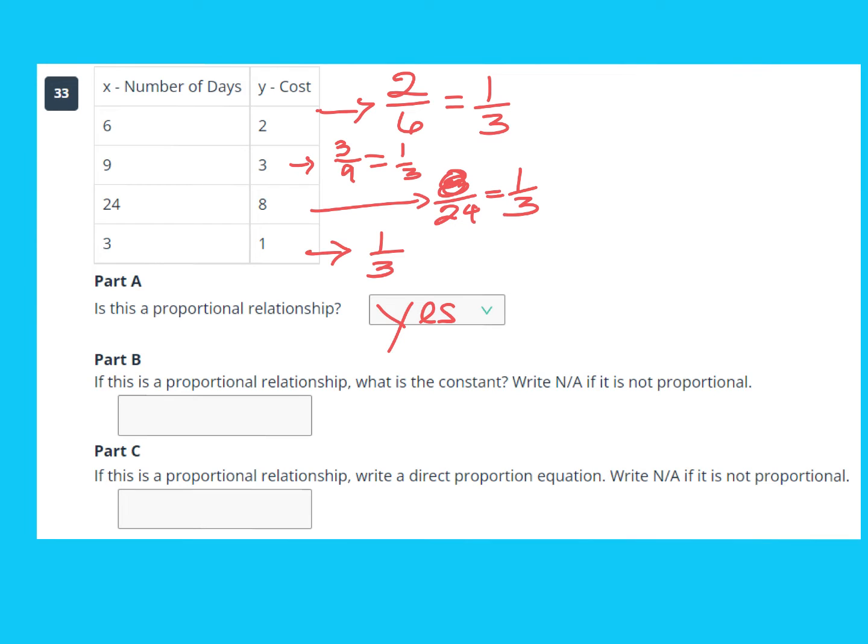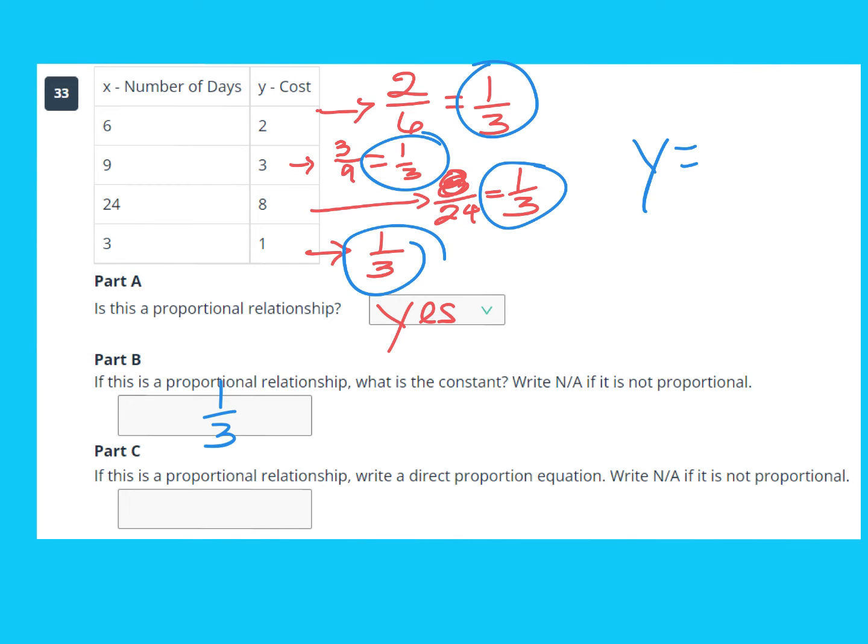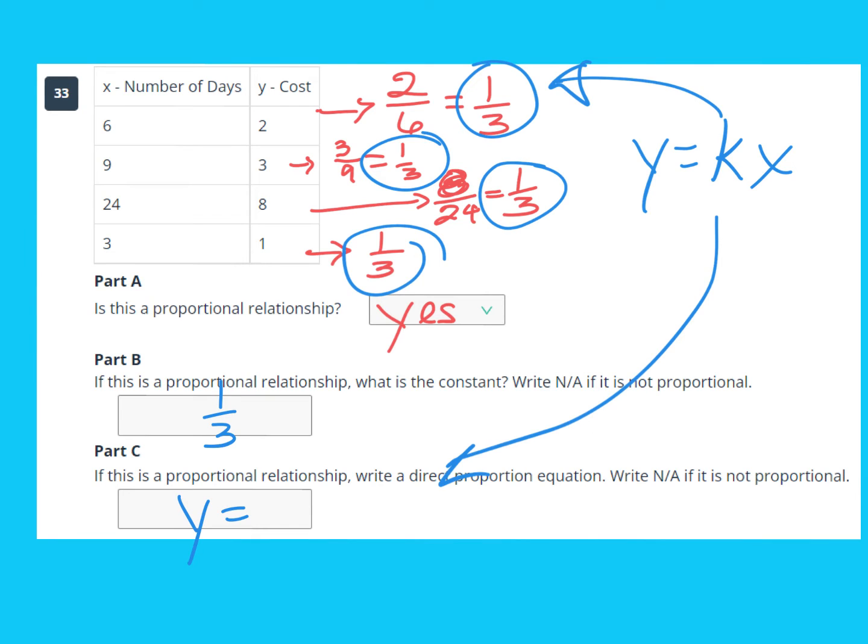Yes. If it's a proportional relationship, what is the constant of proportionality? Well, hopefully it's clear to you, because every one of these is the same, that it's 1/3. If this is a proportional relationship, write a direct proportion equation. Well, that of course is always y equals kx, where this is my k. So y equals 1/3 x.